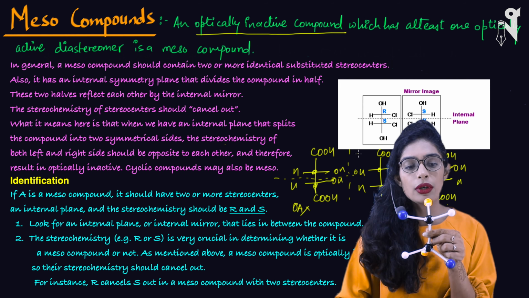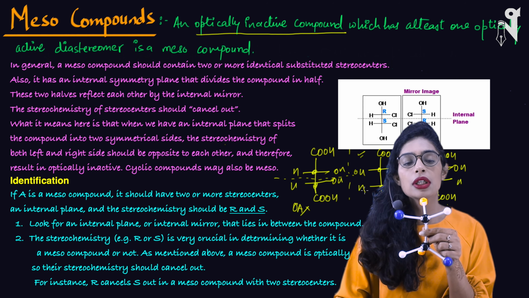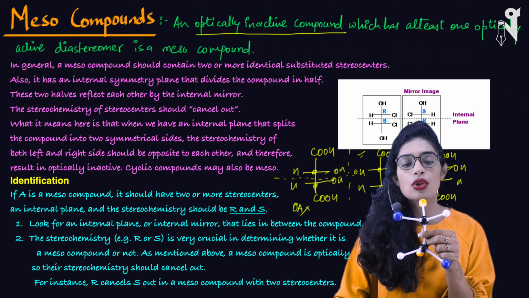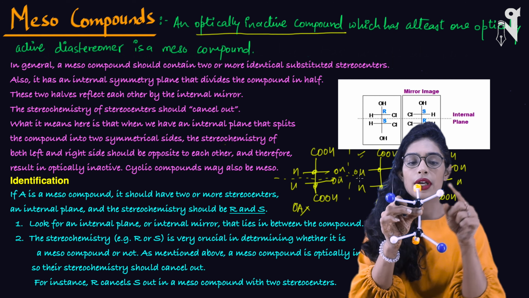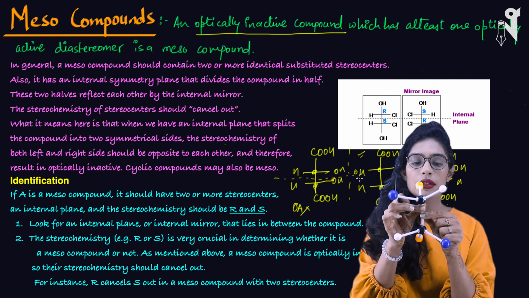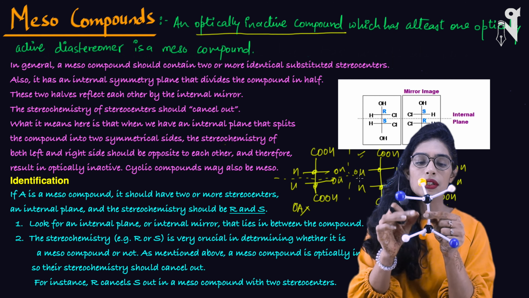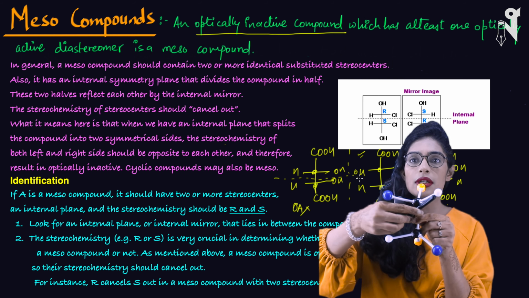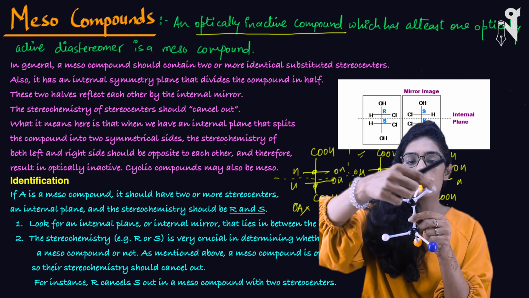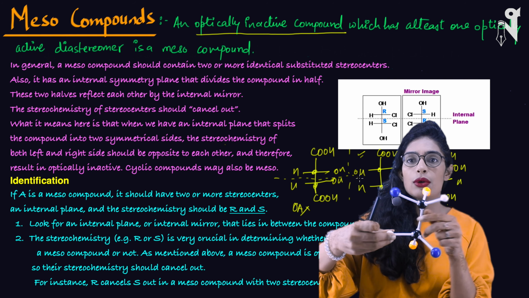In the 2D molecule, it looks like it has a center of symmetry because this hydrogen is opposite to this and this OH is opposite to this. But you look over here. If I pass a line through the center, okay, it's like this. If a line passes through the center here, does this join this and this hydrogen?